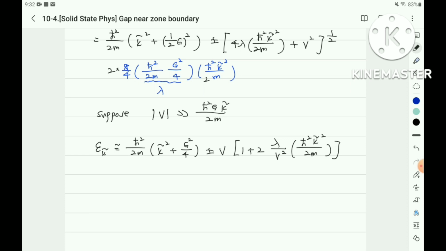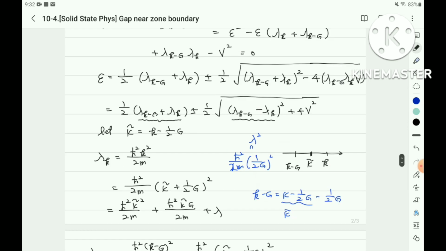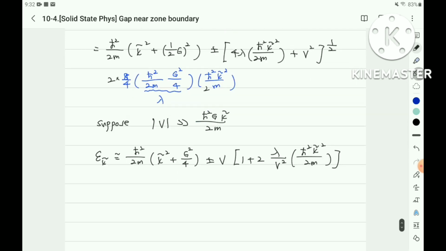Therefore let me see that at the zone boundary means that k tilde equals 0, and because k tilde is defined by k minus one half g, at the zone boundary k tilde equals 0.